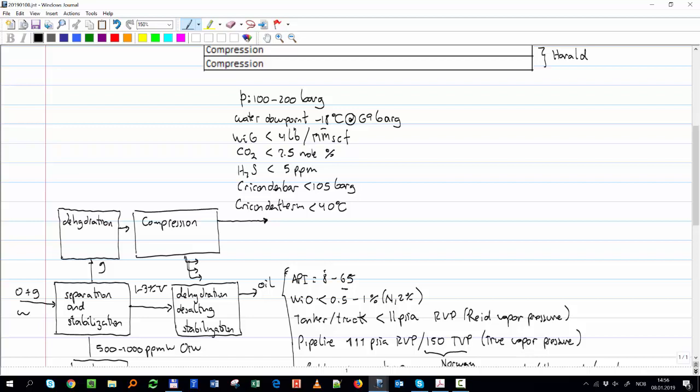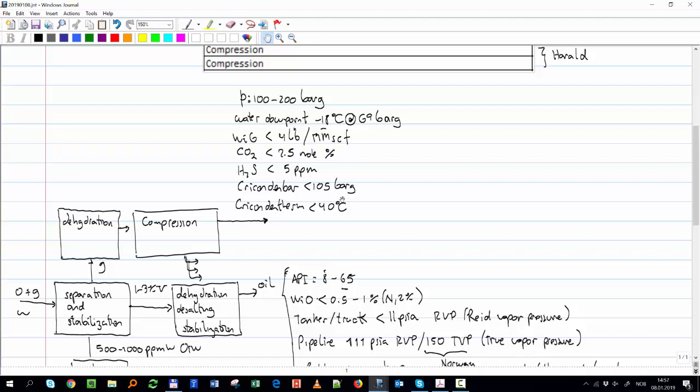Nobody? Okay, just keep it in mind, we're going to see very soon what it means. It's related to the first point here, that you go down in pressure, down in temperature, and you don't get any liquid out. This one is referring to water, but this one is referring to condensate, to oil.